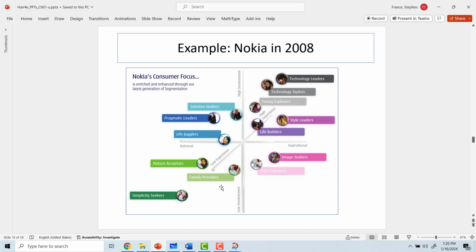And we also have low involvement to high involvement, people who are really focused on new technology and want to be engaging with the brands, to people who honestly really don't care. So we've gone from technology leader, technology stylist, young explorers at one end, and then we go down to simplicity seekers at the bottom end. So this is a little bit out of date, but I think most of these segments would apply to the modern generation of smartphones.